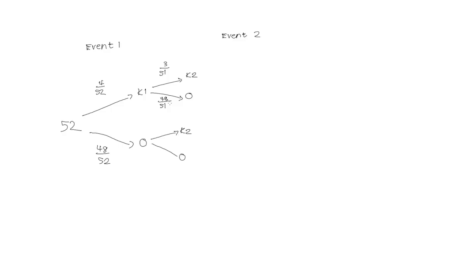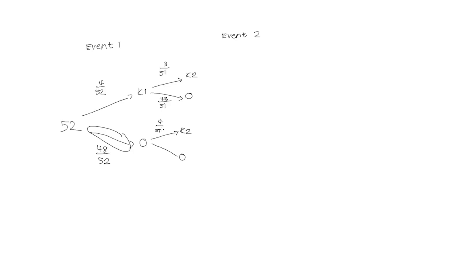Now let's look at the second branch, which is here. Given the fact that a card besides a king was drawn in the first event, there are still 4 kings left in the deck. Therefore, the probability of drawing a king in the second event is 4 over 51.